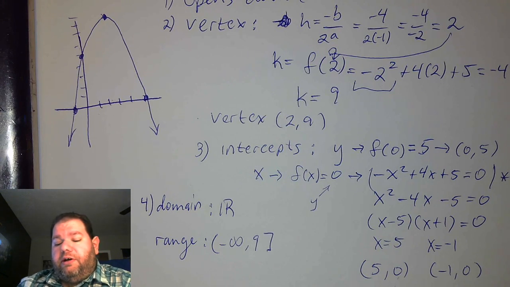I mean, we could also, if we wanted to, just say the range is y is less than or equal to 9, and that is equally valid.